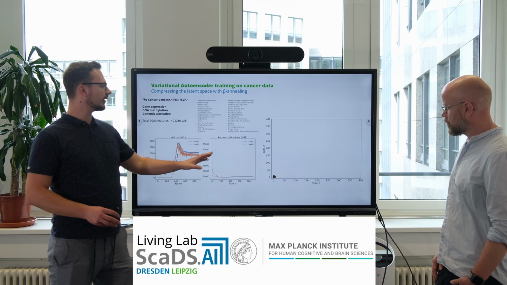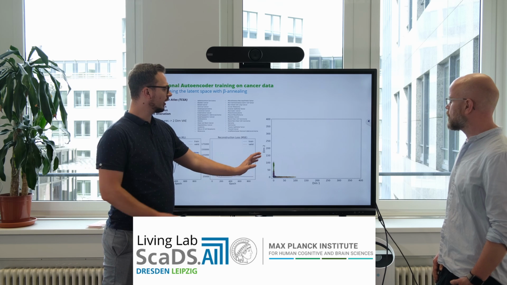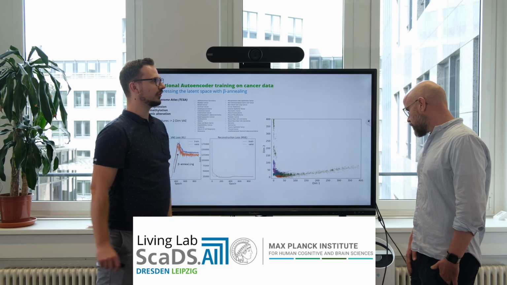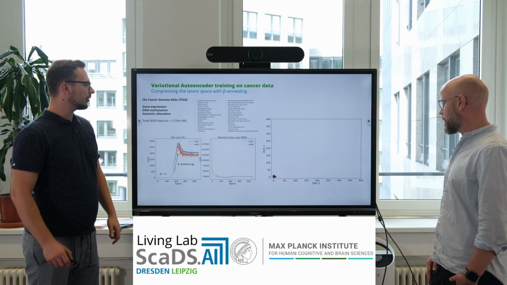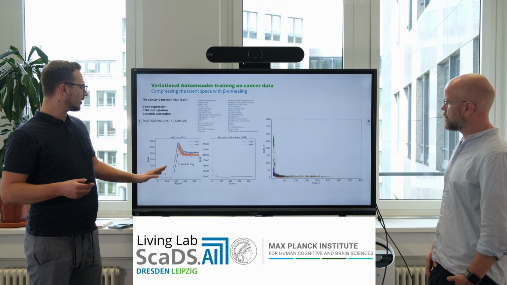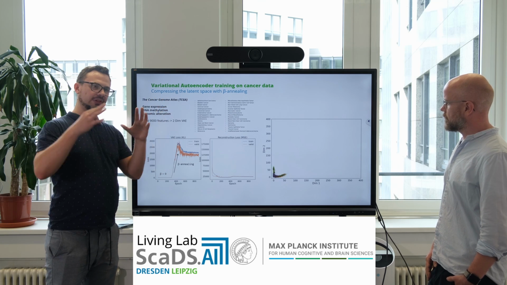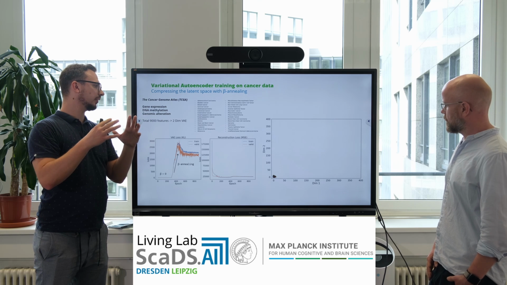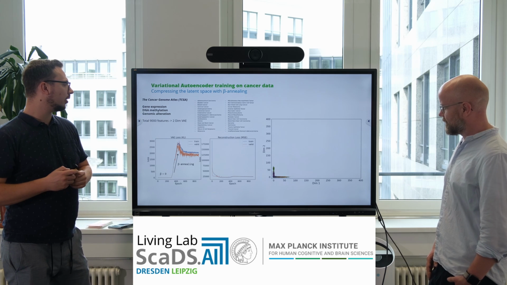And this will result in what you see here in the beginning, the expansion of the latent space. And then, as soon as beta kicks in, we have a heavily compressing function on the latent space.